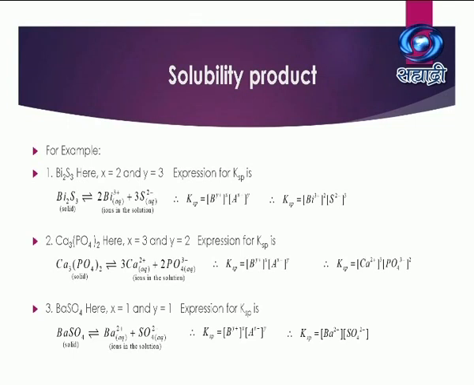A^x- is our PO4 3- ion, and its coefficient is 2. So finally the expression of Ksp is equal to the active mass of Ca2+ raised to 3 into the active mass of PO4 3- raised to 2. So likewise you can proceed with other examples also.